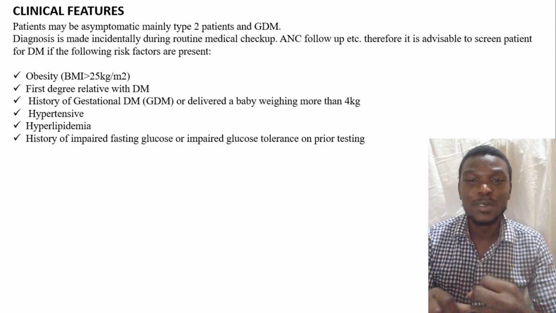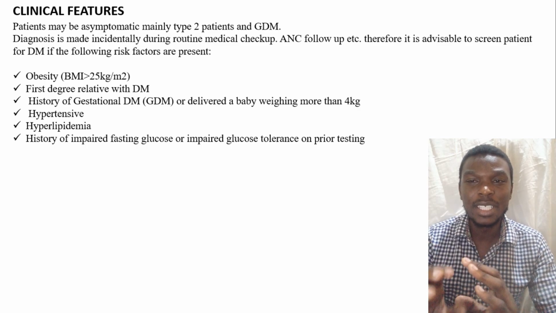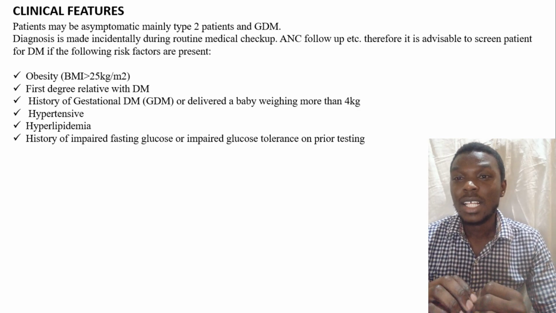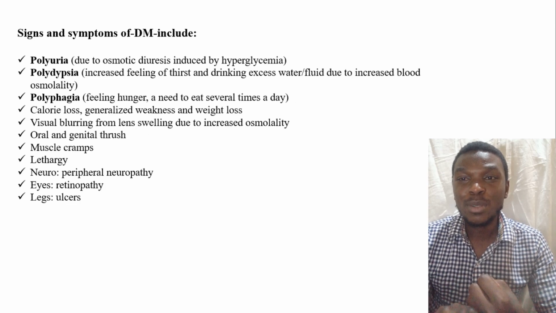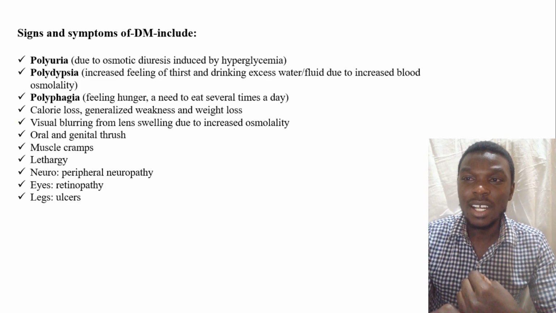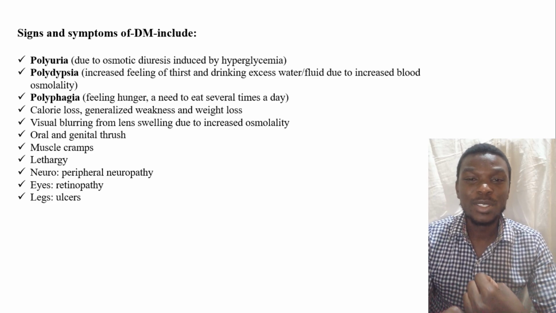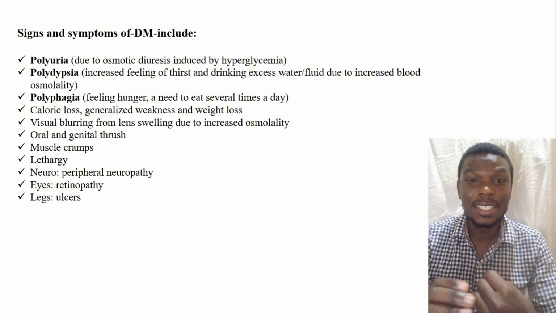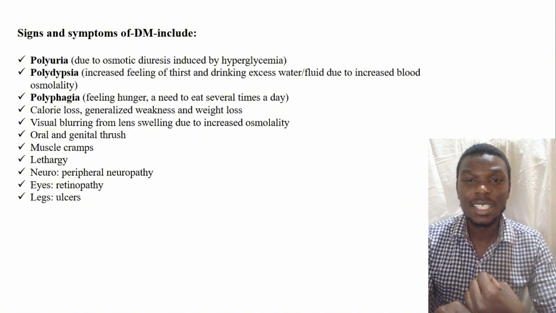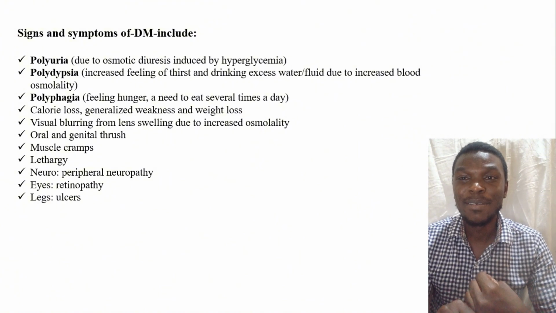I'll make a separate video about these two complications. So the main symptoms will be, the patient will tell you that they have frequent urination. Even as you're taking history in these patients, the first thing that they'll complain about is frequent urination.